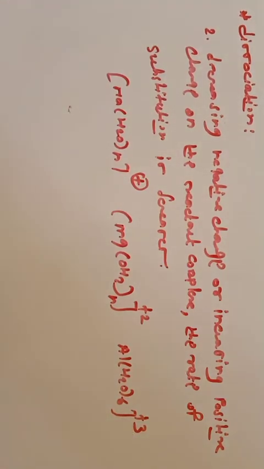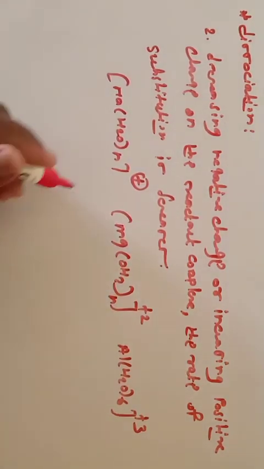We know, from the example we already discussed, that as the negative charge decreases or the positive charge increases on the reactant complex, the rate of ligand substitution reaction decreases.